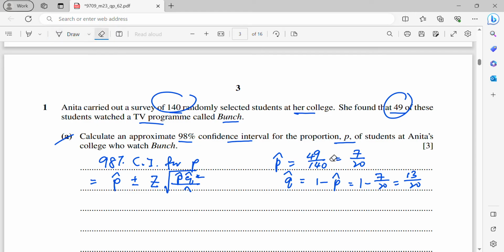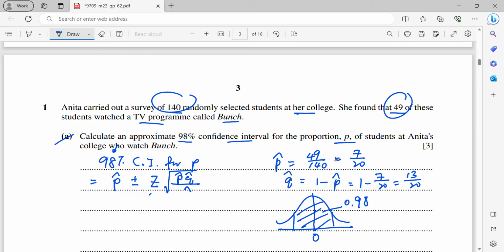Okay, so now from this formula, we need to get the Z value. This Z value can be found using the normal table. Firstly, I sketch the normal graph. Then I have to look at the 98% confidence interval, means that the middle is 98%, which means it's 0.98.